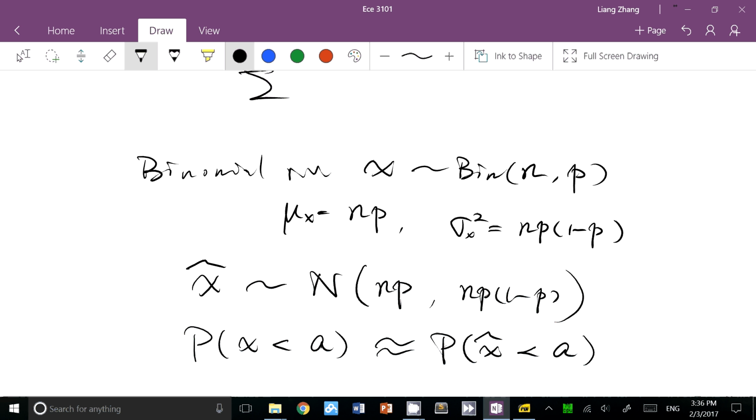This is the binomial approximation using normal distribution.